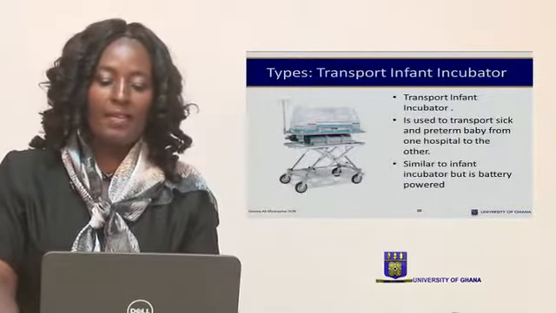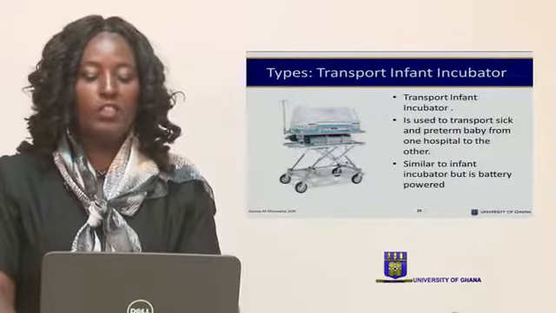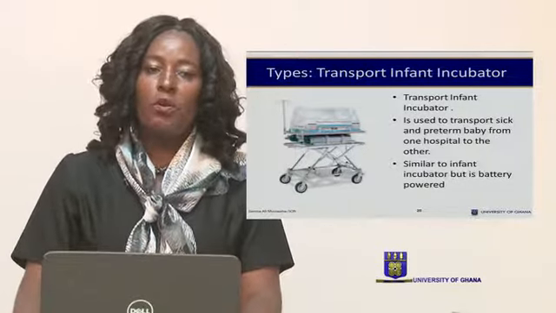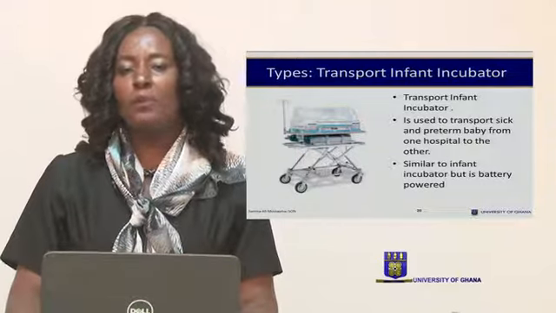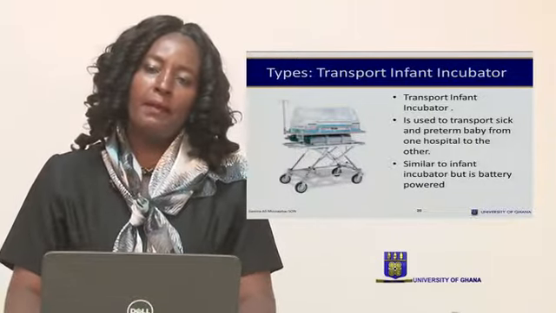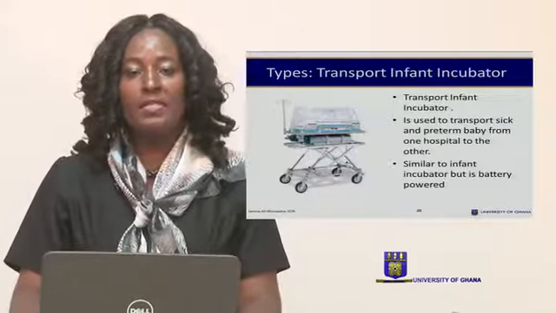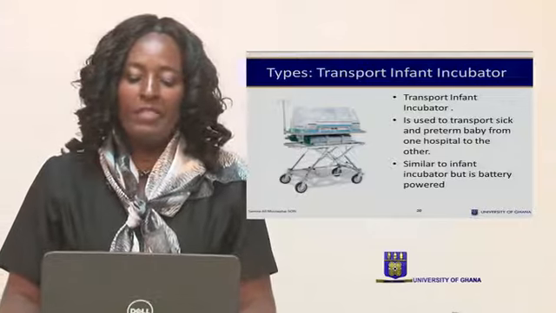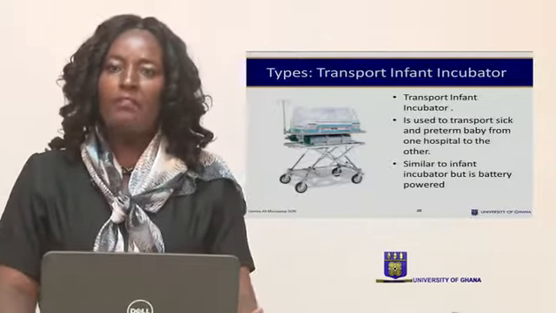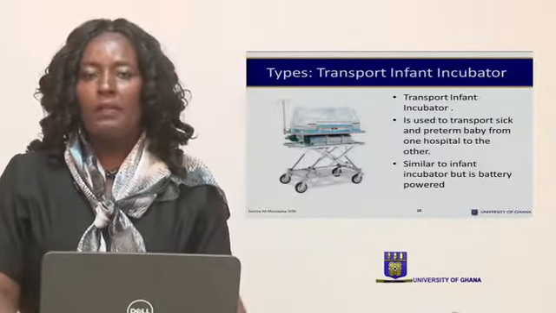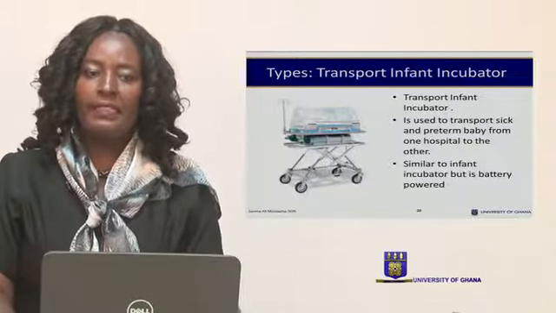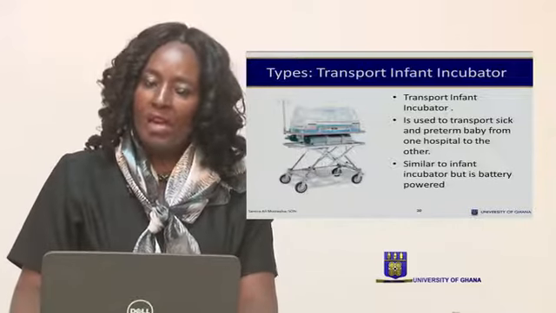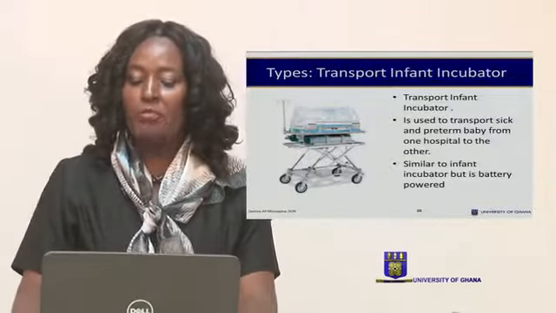And this is also another type, the transport infant incubator. So as the name connotes, it's for transportation. So in cases where you have to, let's say, transport a baby from maybe the maternity or labor unit to the neonatal intensive care unit, this incubator provides the preterm with the necessary environment in terms of warm environment, humidified air, oxygenation, and all that, so that the danger of hypothermia and infection is reduced.